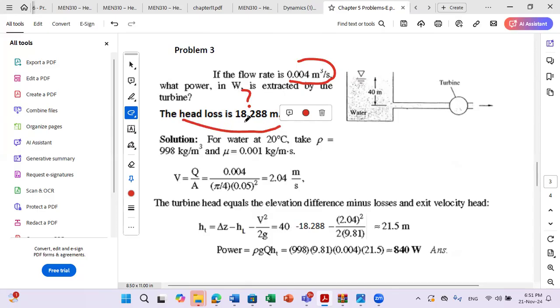Here, this loss can be from major or minor losses. We don't care because they already gave us the value. So all we have to do is apply Bernoulli between point 1 and point 2.